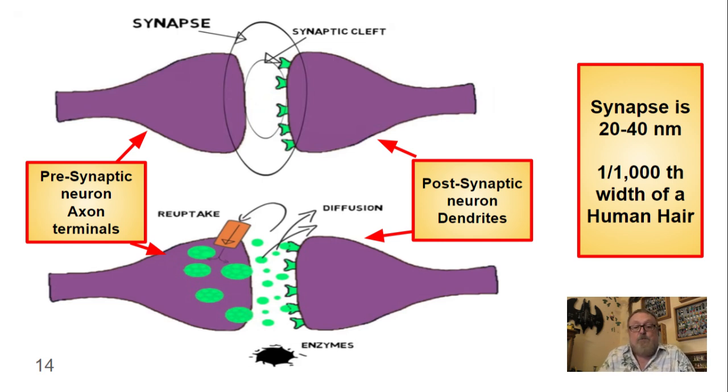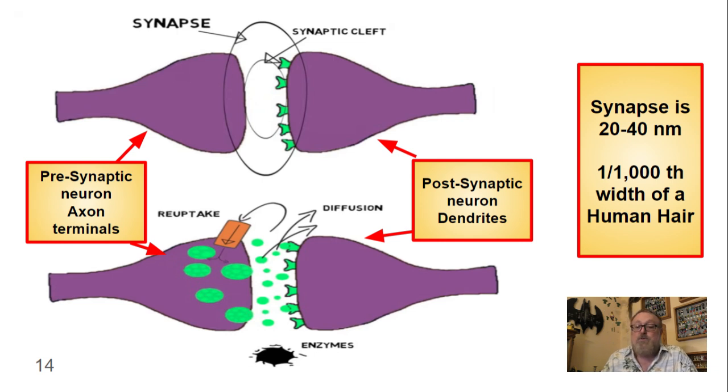Slide 14. This shows the end of one presynaptic neuron and the beginning of the next, or postsynaptic, neuron. Please note the gap between these two neurons or nerve cells. There is not an action potential or voltage gradient, but rather a release of chemicals from the presynaptic axon and a response on the postsynaptic neuron.